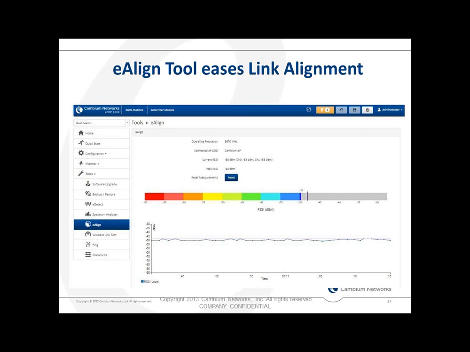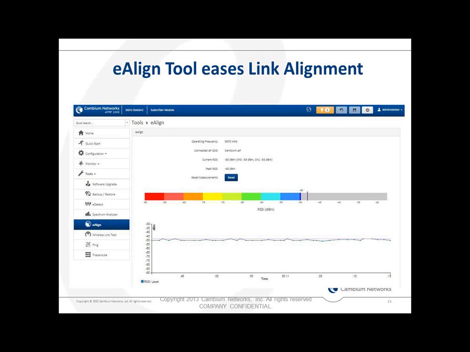And once the radio links up initially with the master, it has this graphical screen here that shows you the received signal strength indication, and this gets updated every half second. So it gets updated very rapidly, and you can look at it when you're trying to do that fine alignment of your point-to-point radio in order to optimize it.